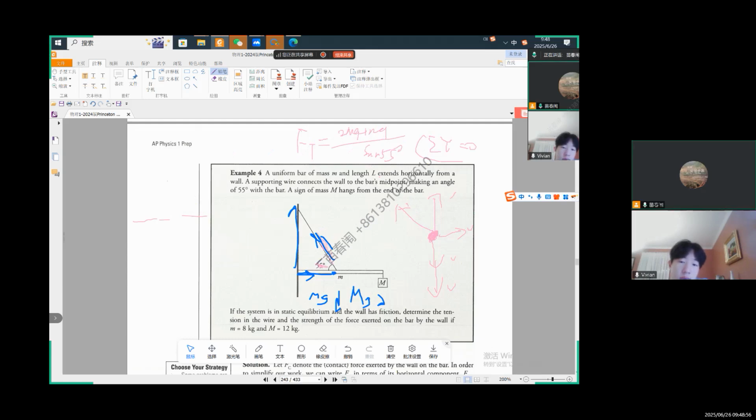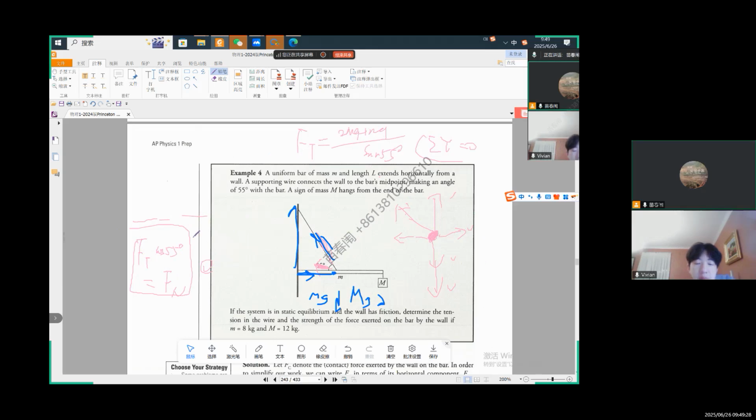I can find the horizontal component of my tension, which is Ft times cos 55 degree, right? Mm-hmm. And it must balance with the normal force, right? Yeah. F normal. Does that make sense? So horizontally balanced. This is my equation 1.